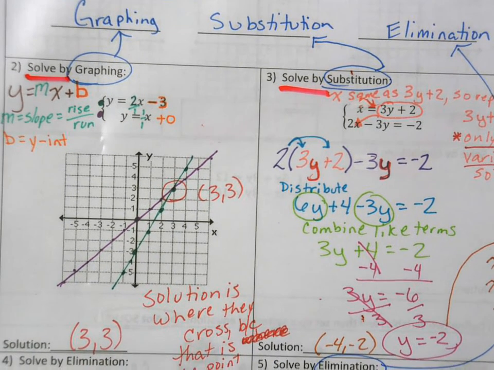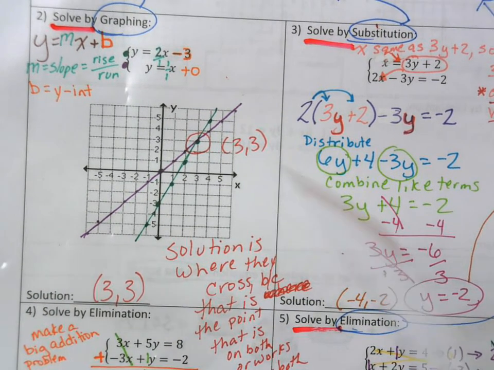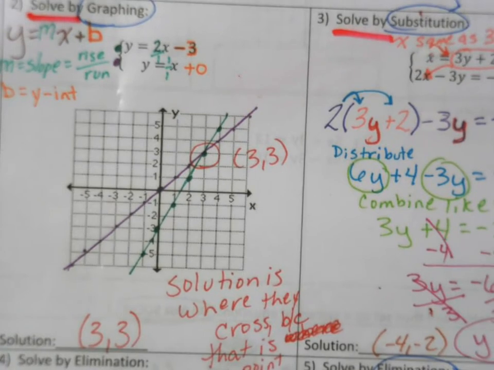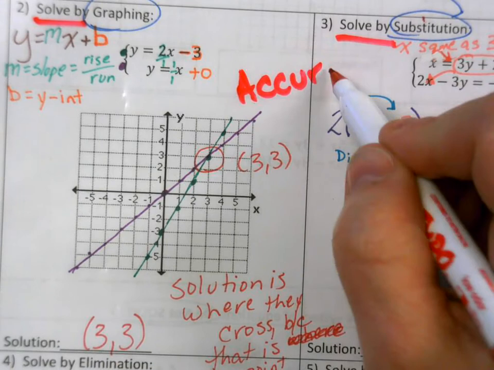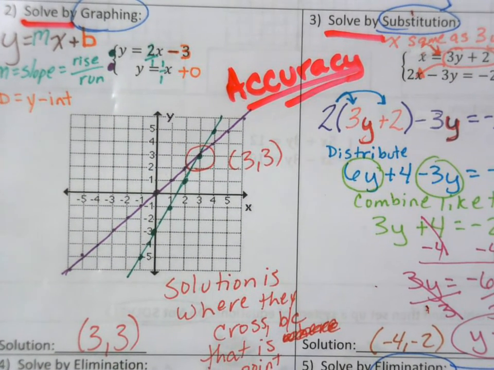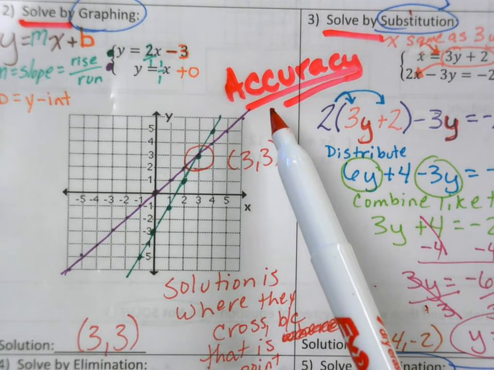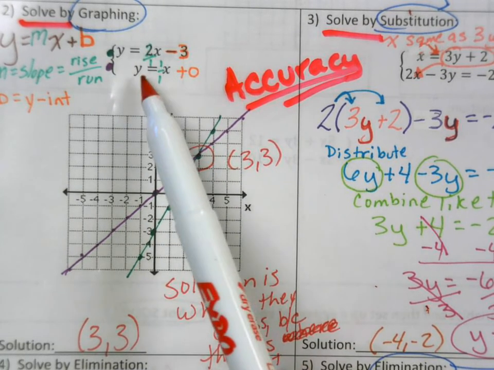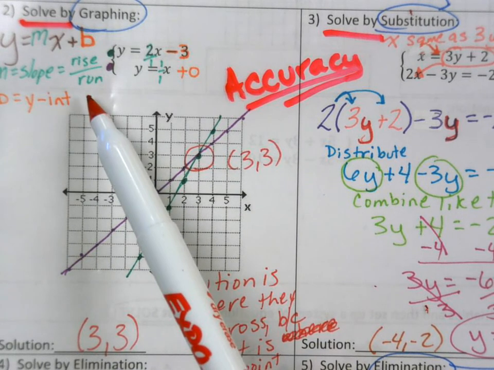Okay. So in this one right here, solving by graphing, use Desmos, but accuracy is very important. Make sure that you're using the rise over the run to count your slope as much as possible.